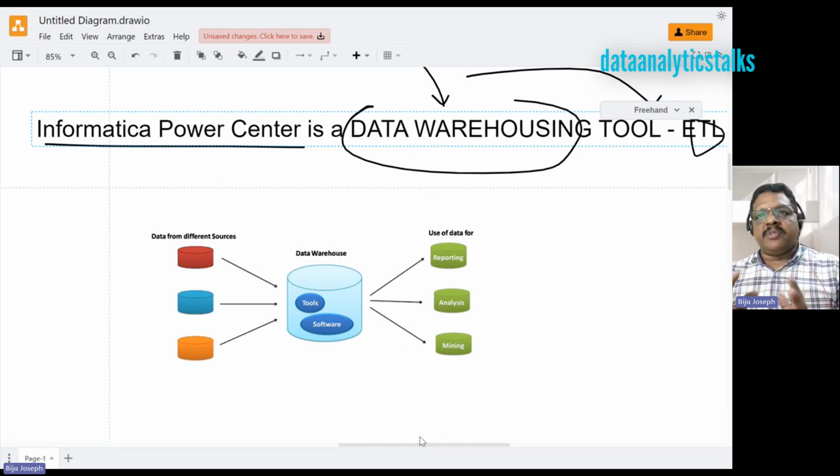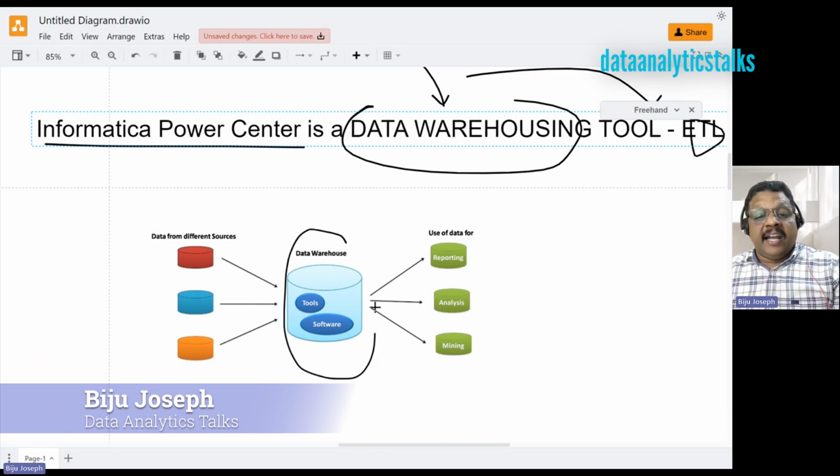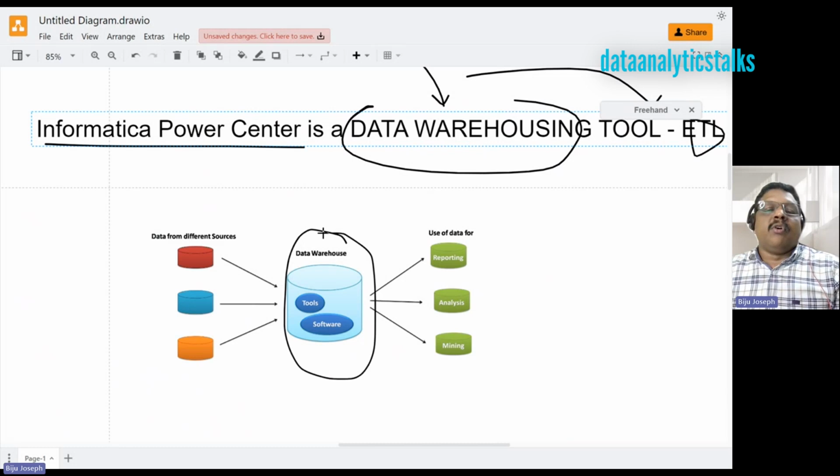However, when it comes to a data warehouse, it is a separate form of DBMS. It stores a huge amount of data, which is typically collected from multiple heterogeneous data sources, and they undergo certain transformation, and they are stored in big analytical databases, not operational databases, analytical databases.